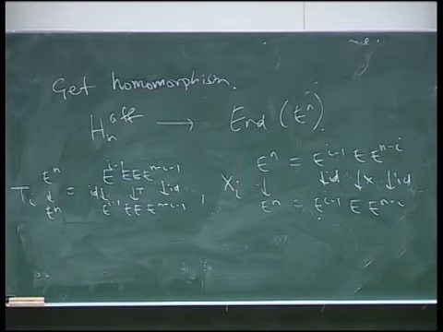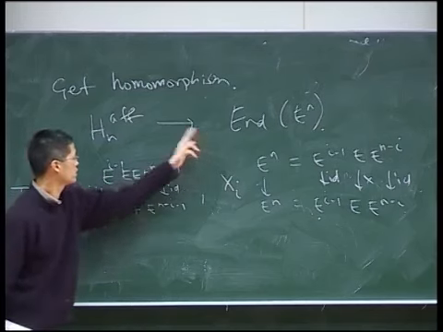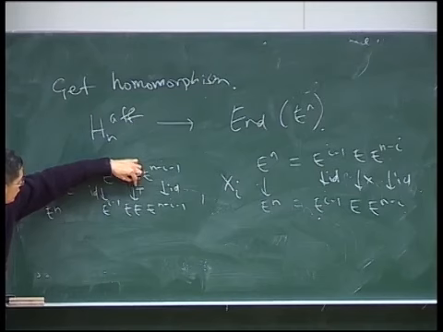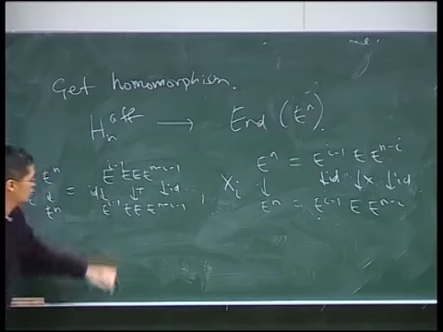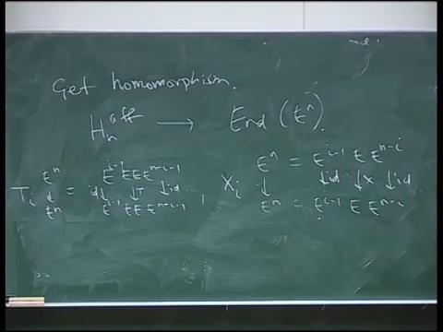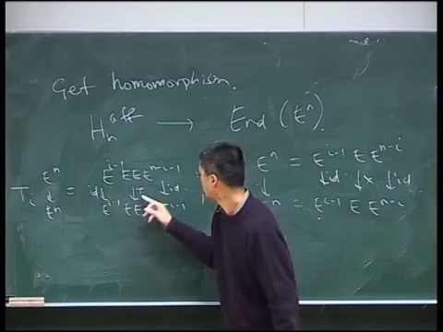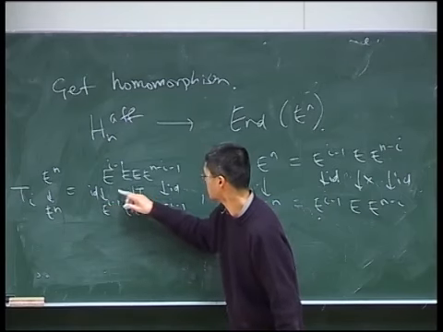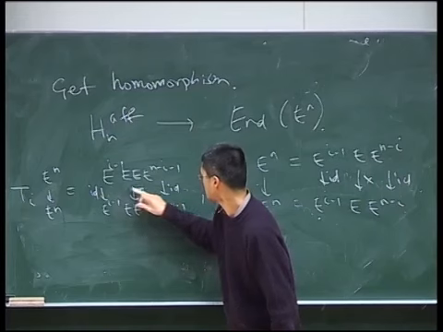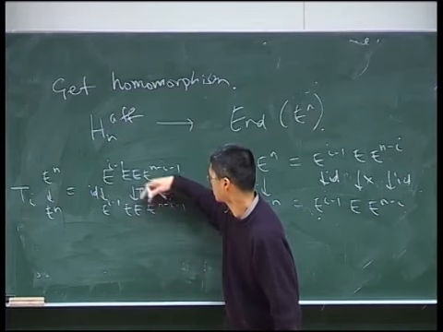Okay, and then it's easy to see that this is indeed a homomorphism. The braid relations between the t's are given by this identity, and of course you have this identity. So you get this copy of the symmetric group by t here. Notice that the t's which are far apart commute automatically because they're acting on different factors.